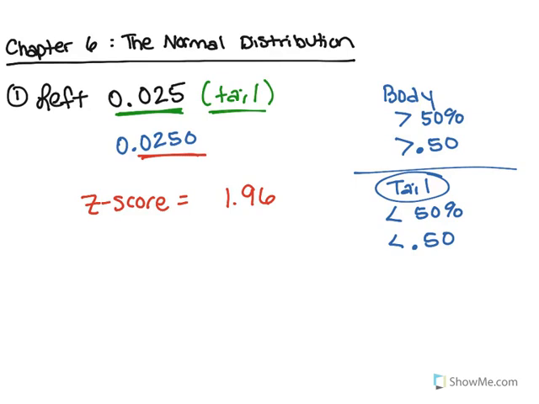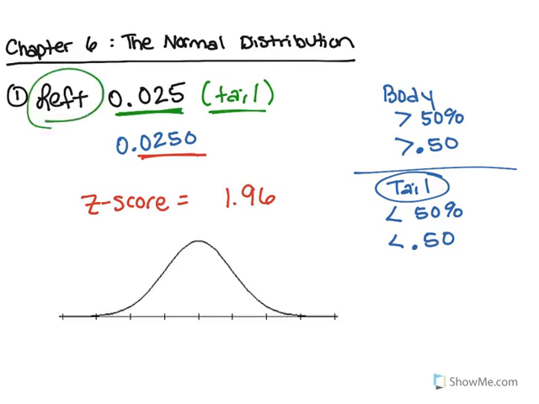Now I have those bells drawn to assist you in determining whether it's a positive or a negative z-score. If I'm saying left, I have that measurement on the left side as a tail. Our mean would be in the middle.